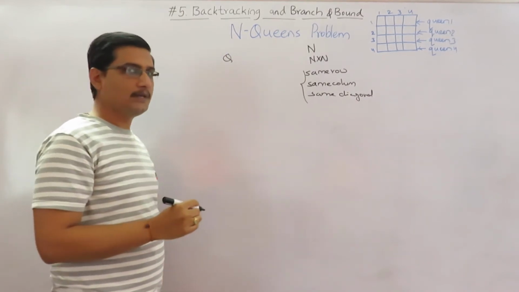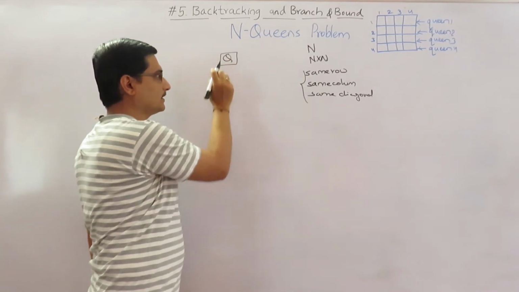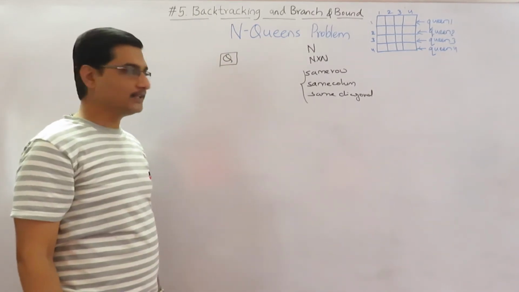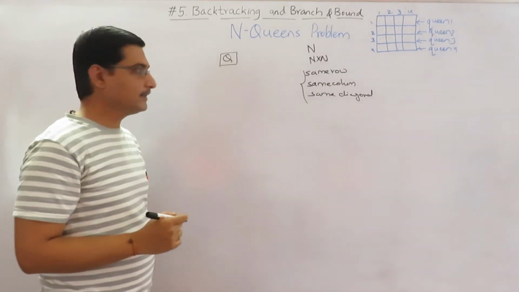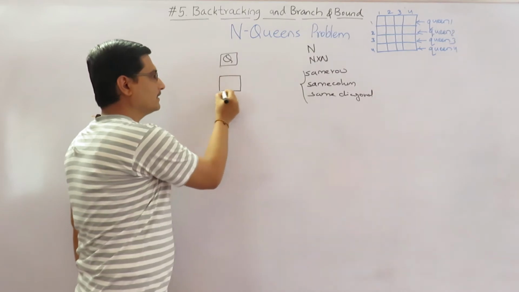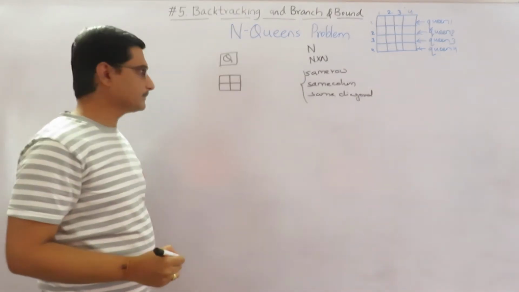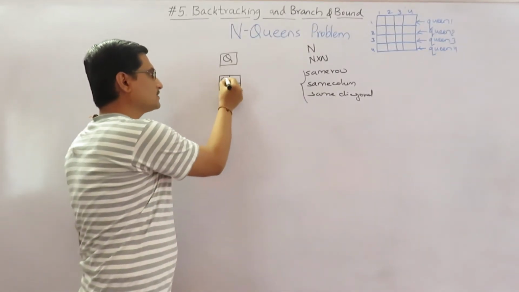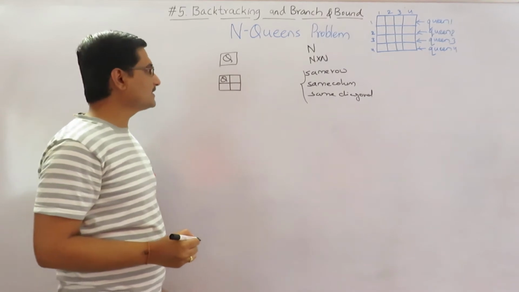Say for example, if there is a single queen, then the chessboard will be 1 cross 1 chessboard. So it is having a trivial solution. That itself is the solution. If it is a 2 queen problem, then there are 2 queens and the chessboard is having 2 cross 2 squares. Say if we place the first queen here, we need to place the second queen in the second row.